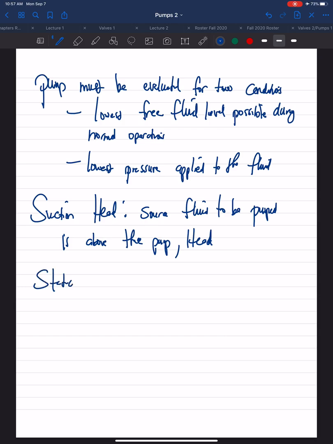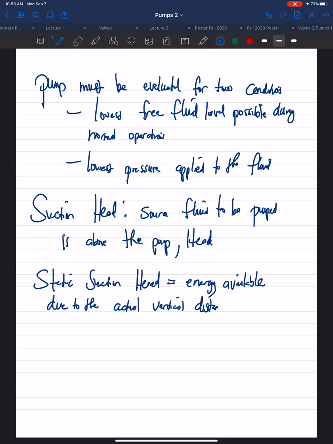So we have static suction head. And this is the energy available due to the actual vertical distance between the fluid level and the eye of the pump.